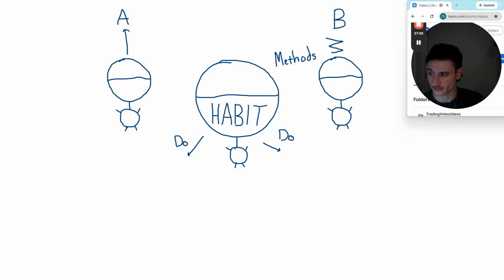Whereas the success type individual is influenced by results only.